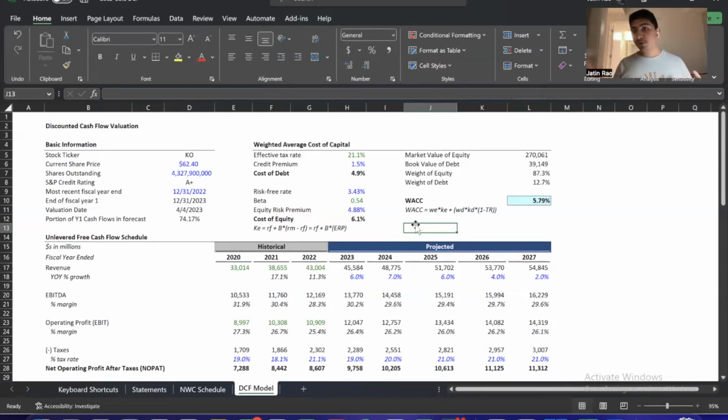But for most companies, and especially in the case of Coca-Cola, where there's no preferred stock, it's just equity and just debt. Okay. So if you find out the cost of equity and the cost of debt, which I will also explain in a second, and if you weight those costs of equity and debt by how much of the firm is financed by equity and how much of the firm is financed by debt, those will give you the weights, and that will get you your weighted average cost of capital.